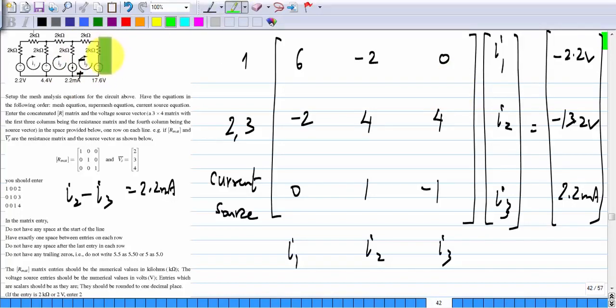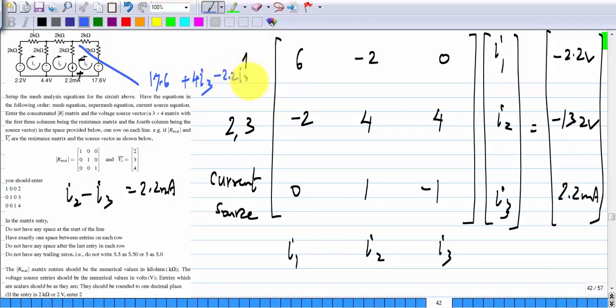You can do it from any of the meshes, but you can see that if you go through the last mesh, then the voltage here is 17.6 plus 4I3, and the voltage drop across this is basically 2.2 I2.